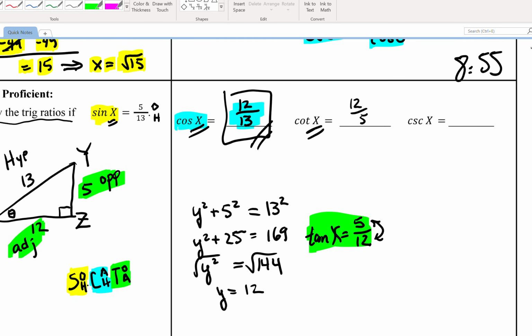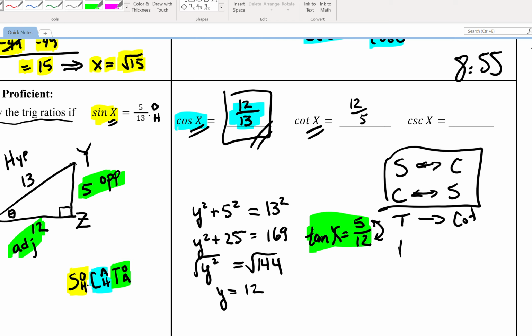And then we're asked about the cosecant. Now, what you recall, I'm just going to use the abbreviation here. The sine goes with the cosecant. The cosine goes with the secant. And the tangent goes with the cotangent. Especially for the tangent and cotangent, it's easier for me because I know that COT stands for cotangent, so it just goes with the tangent.